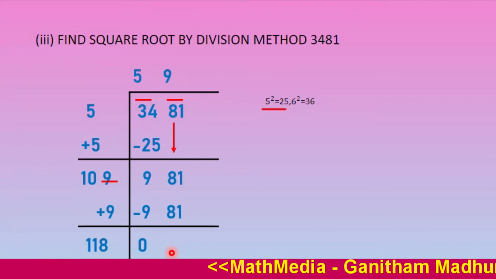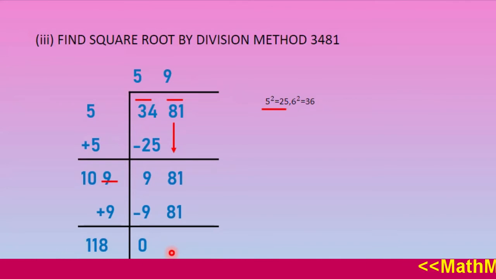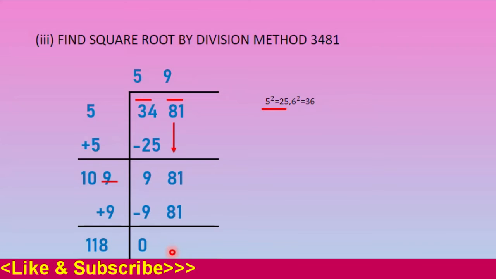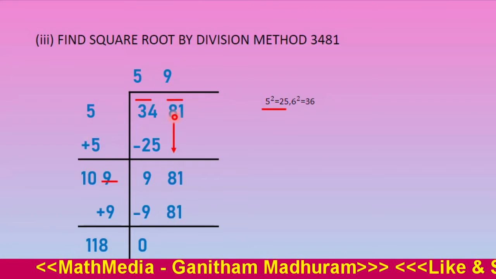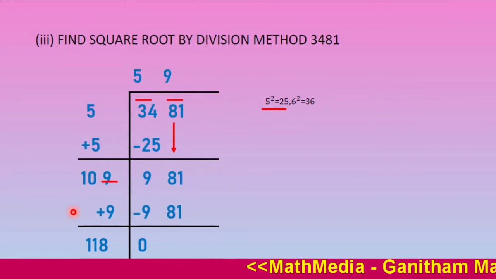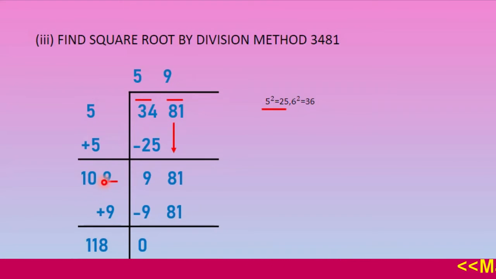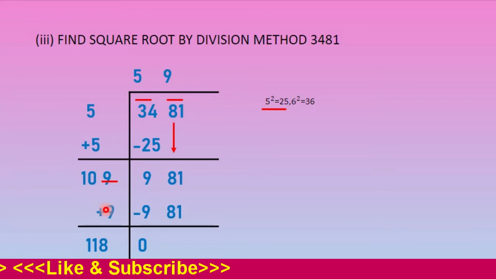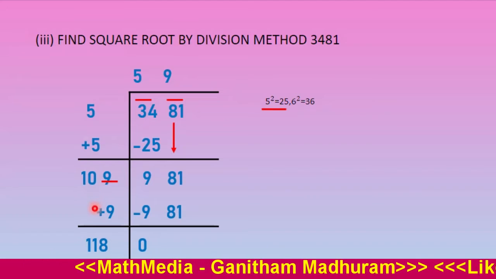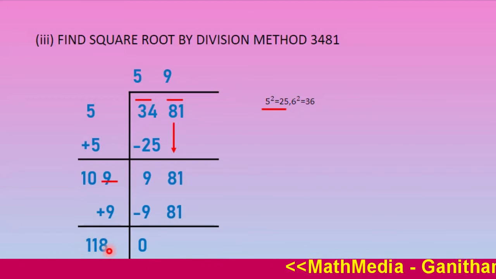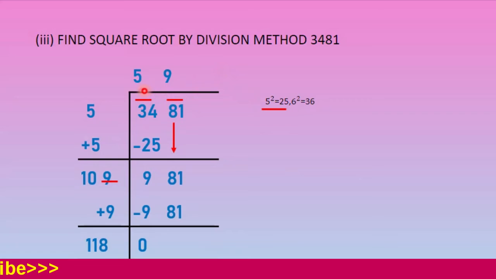And the quotient, that number we have written in the blank space, you have to write 9 two times: in the quotient just above the second group, and just below the divisor here. And in the divisor you can add, you will get 118. Now our quotient is 59.